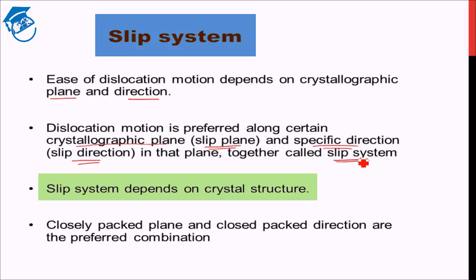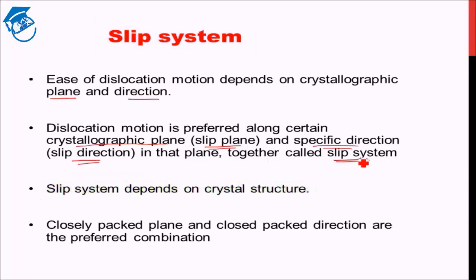Depending on the crystal structure, whether it is body centered cubic, face centered cubic or hexagonal, a specific set of planes will be the slip plane and a specific set of directions will be the slip direction. The very basic idea why a particular plane is a slip plane and why a particular direction is a slip direction is the ease with which the dislocations move in that plane and that direction.